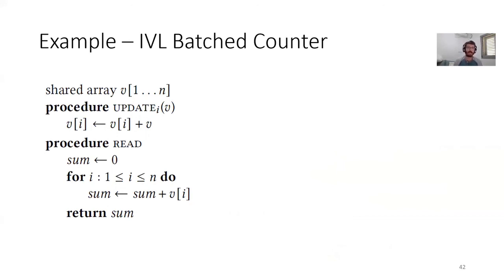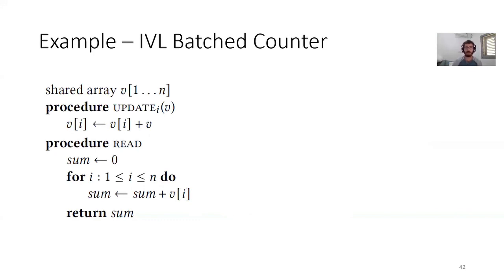We use a shared array with n indices, v1 through vn. An update on process i updates its index, so vi gets vi plus v. And a read simply sums over the whole array, reading it in a non-atomic way. So why is this IVL? Well, let's consider the sum returned by the read. The sum returned by the read must be no less than the sum of the array at the beginning of the read.